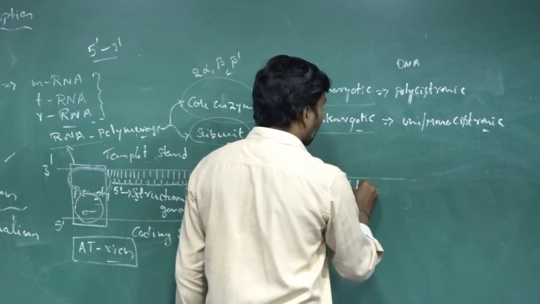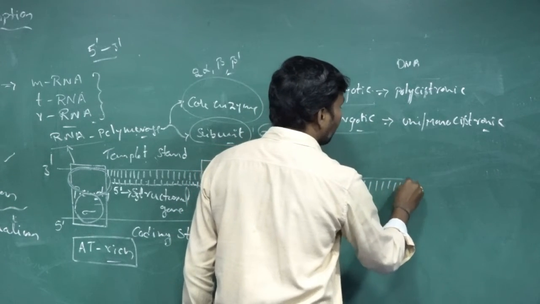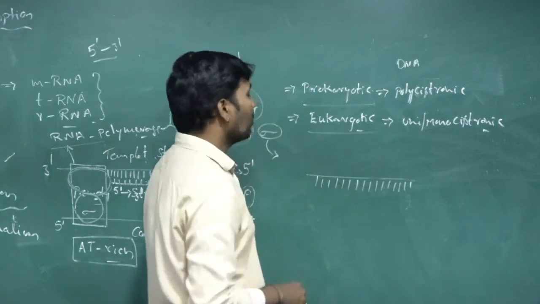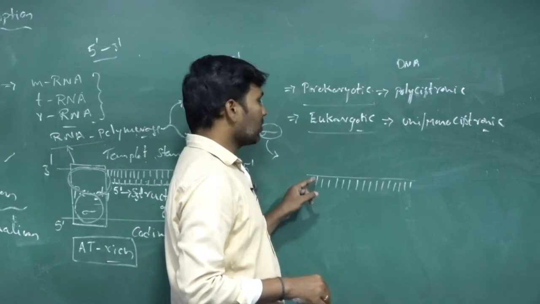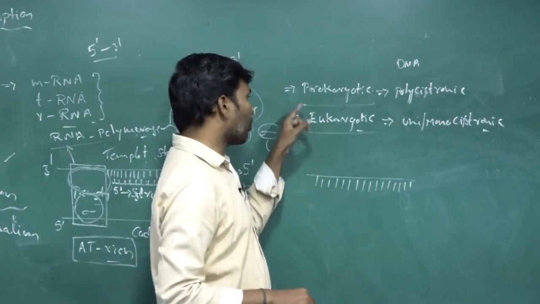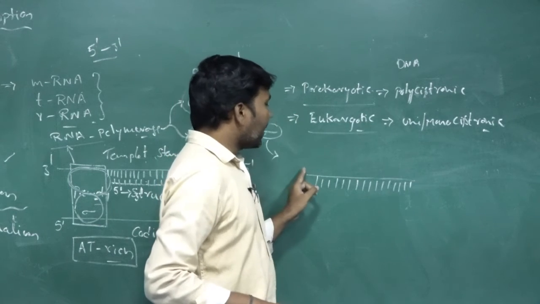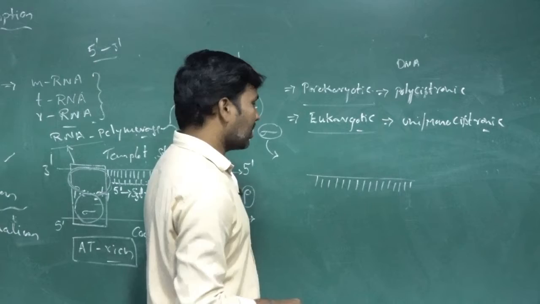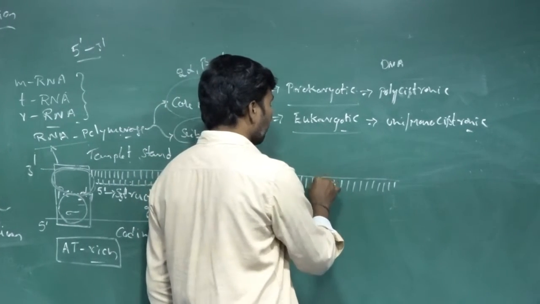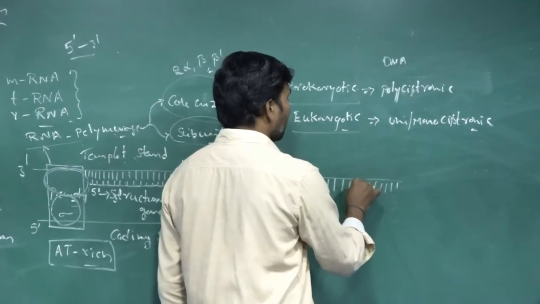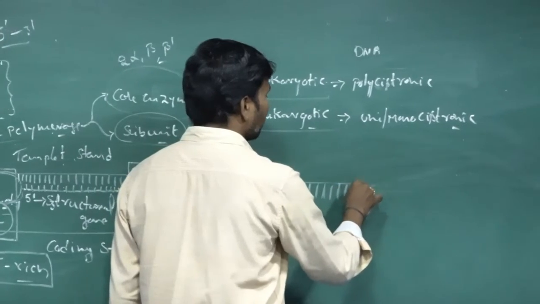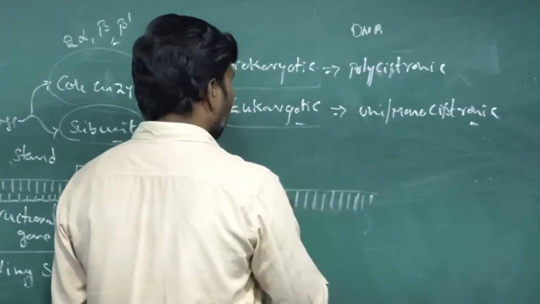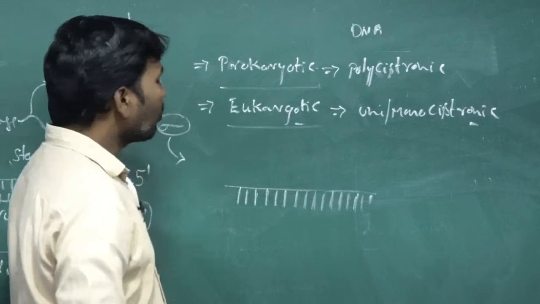The RNA that is synthesized from the DNA molecule of the prokaryotes, the entire sequence codes for specific amino acids. That means all the sequences of the mRNA code for amino acids, and there are no intermediate non-coding sequences.